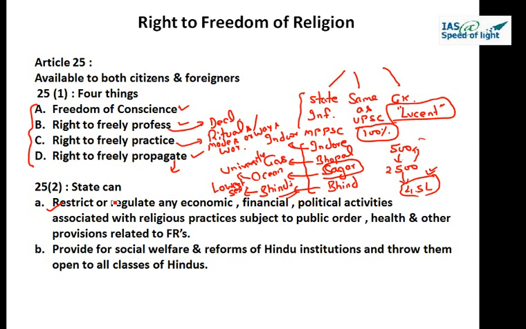Explanation 2: in sub-clause B of clause 2, which was related to the reform and throwing open of Hindu religious institutions, Hindu shall be construed as including a reference to persons professing the Sikh, Jaina or Buddhist religion. So the word Hindu includes these three others also: Sikhs, Jains and Buddhists.